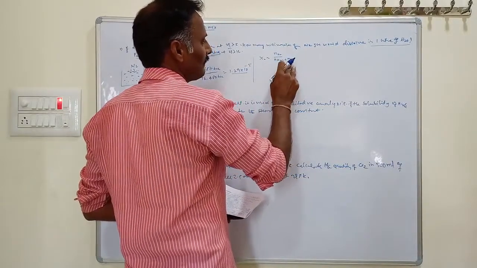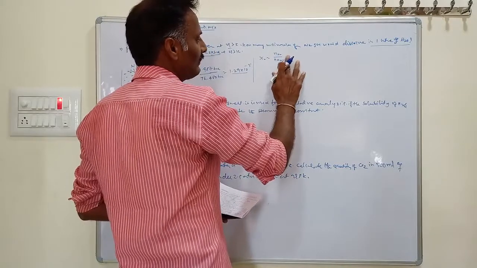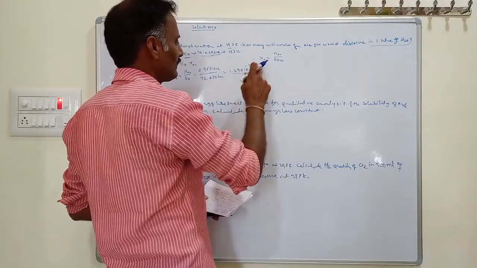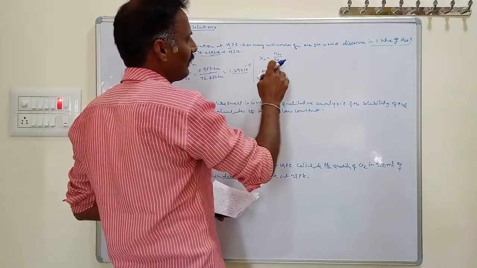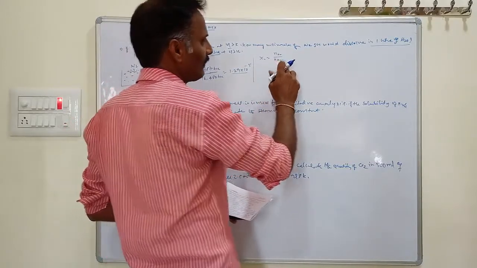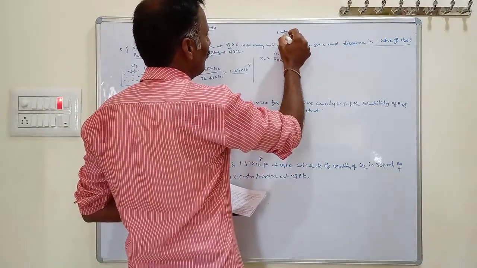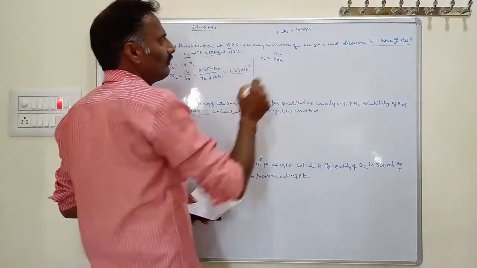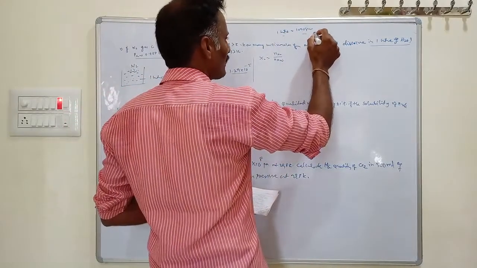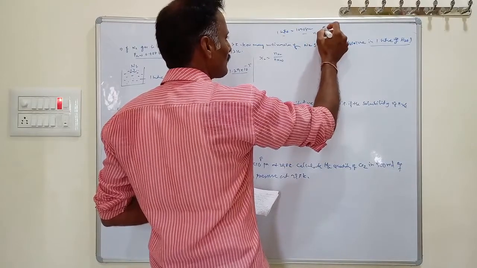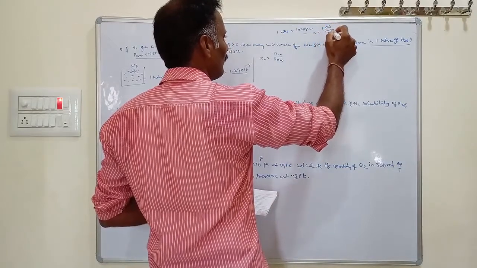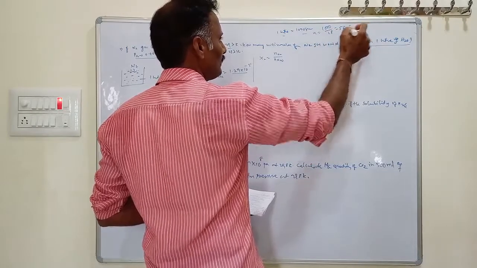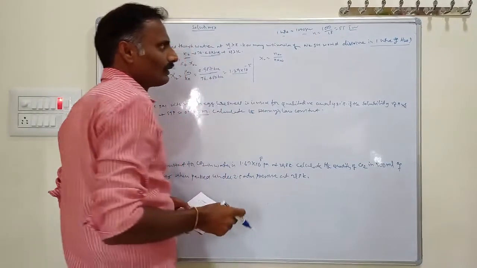The mole fraction of N2 is 1.29 into 10 to the power minus 5. For 1 liter of water, which equals 1000 grams, find the number of moles of water. Number of moles of water equals mass of water, 1000, divided by molecular mass of water, 18, which equals 55.55 moles.